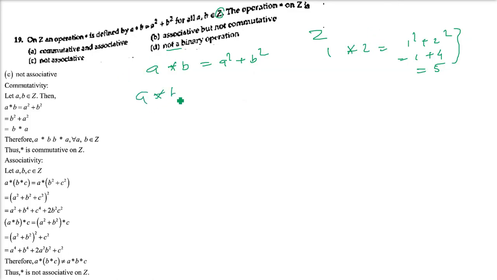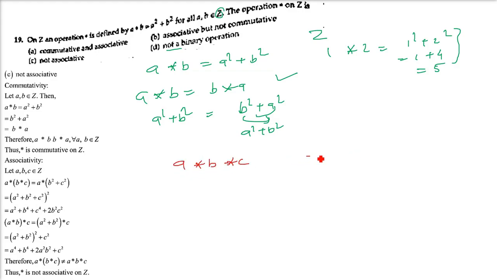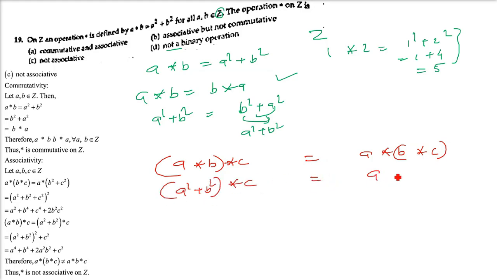Coming to the commutative part, a square plus b square is equal to b square plus a square. This will always be true, because 1 square plus 2 square and 2 square plus 1 square is the same value. Coming to associative now, we operate a, b, c. First we operate pairwise, a, b, then b, c. This will be a square plus b square, and c, and here a, and b square plus c square.